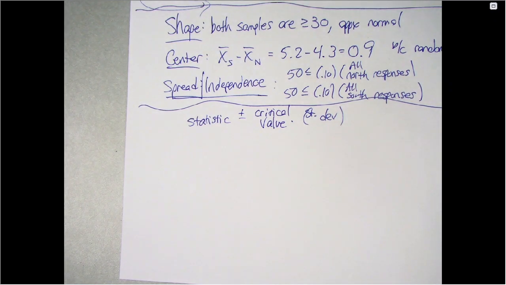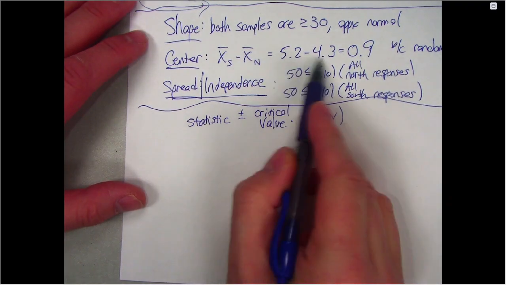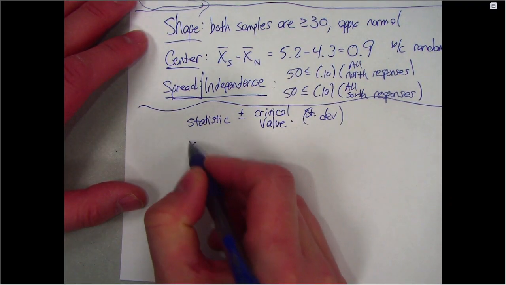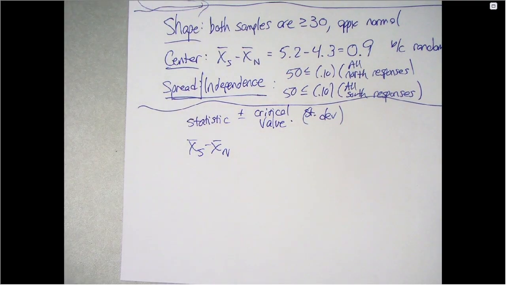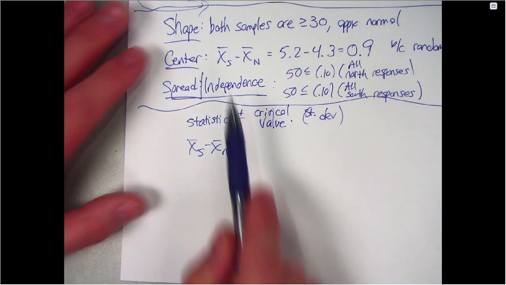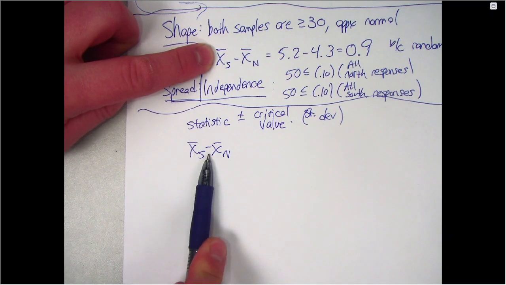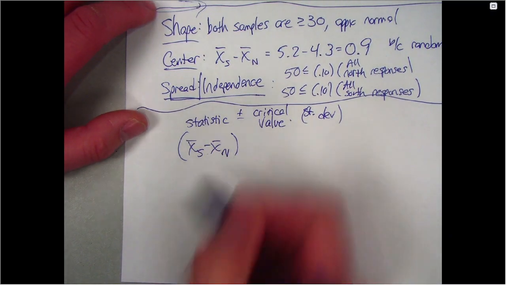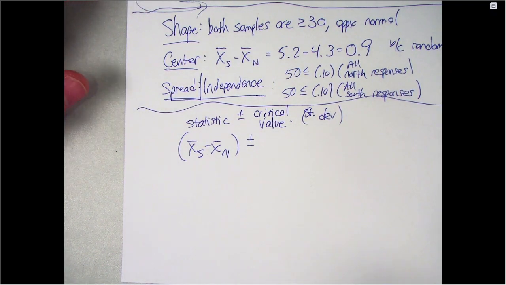So our statistic is our best guess of what we think the difference is, and that's our subtraction up here. In symbols, you're supposed to go words, symbols, numbers. In symbols, it's whatever you put up here. So if you did north minus south up here, you put north minus south down here. That's your statistic.